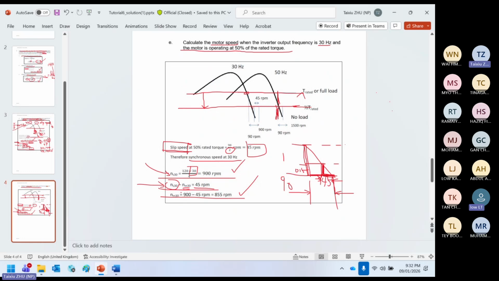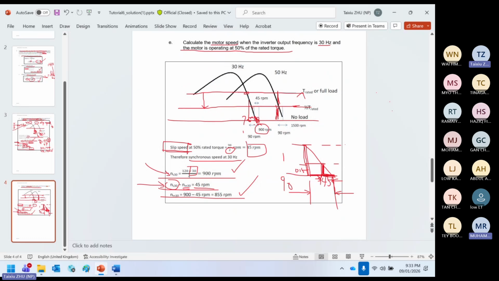So you remember the difference is here. Now this one is 900. Then what is your motor speed? We don't know. This one is the motor speed, we really don't know. But do you know how long is this between here and here?